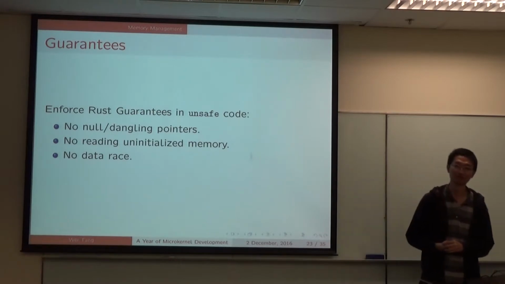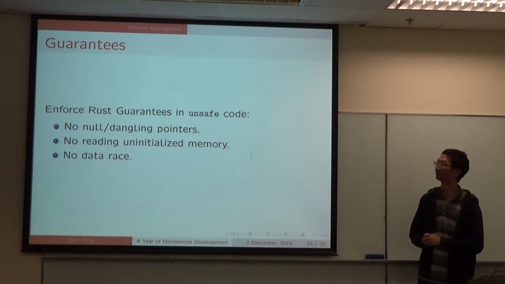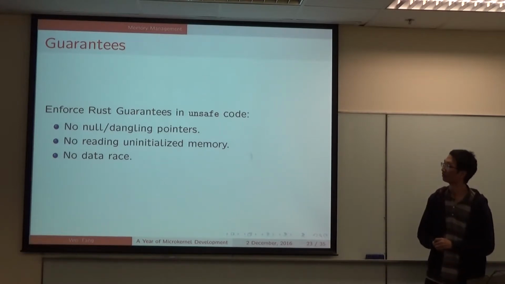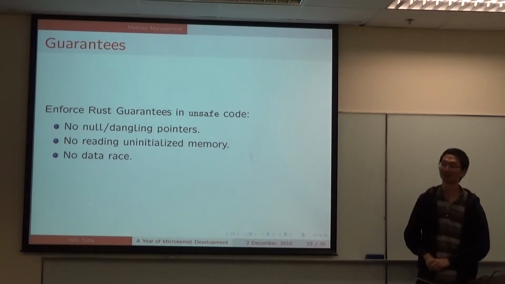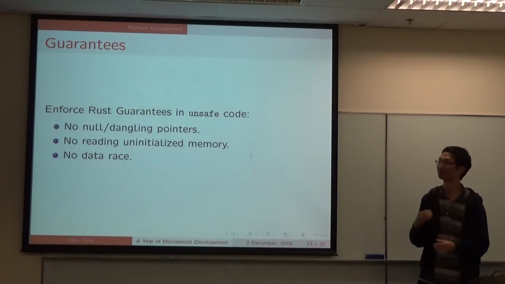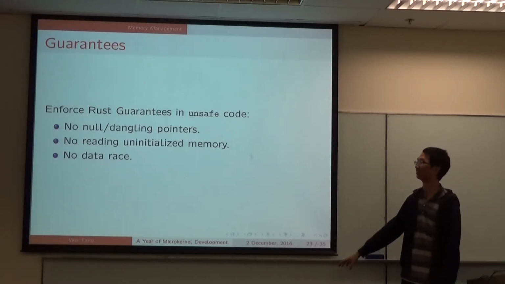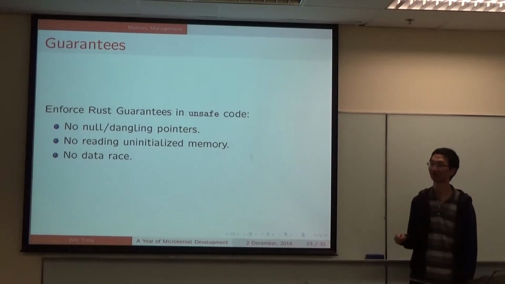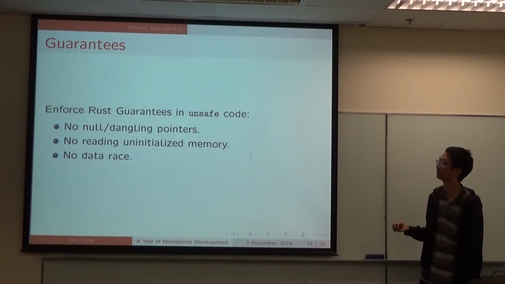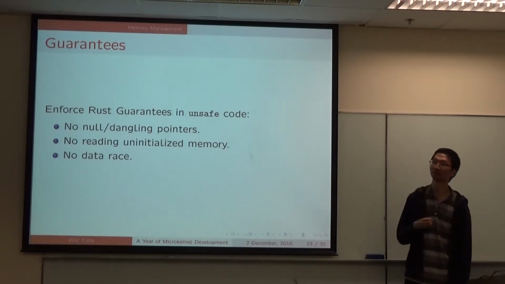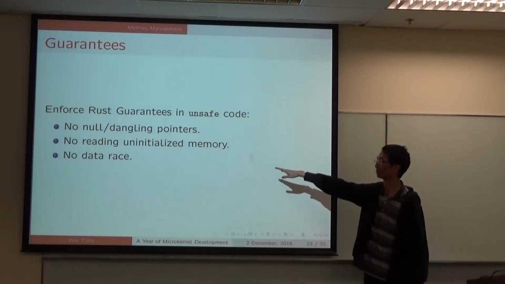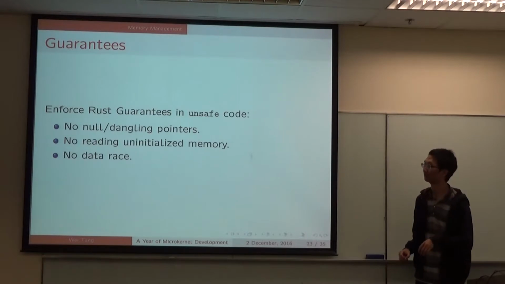Yeah, Rust has a lot of guarantees for memory safety. If we write in safe Rust code, it's guaranteed that you don't have dangling pointers, you don't have a pointer that points to non-resources, we don't have a case where we read uninitialized memory, and we also don't have data races.